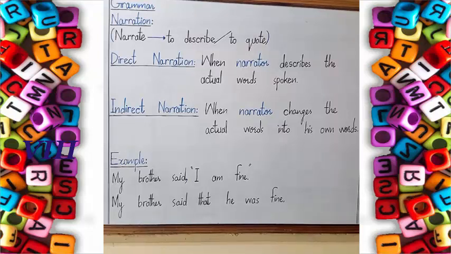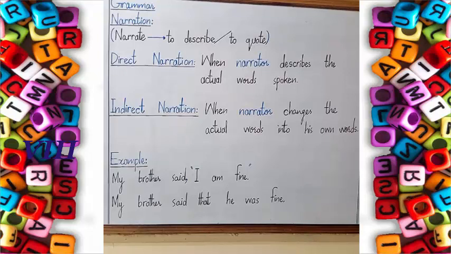Today in this video session we will learn about narration. What is narration? The word narration has come into existence from the word narrate. Narration is a noun and narrate is a verb. If you understand the word narrate, you can easily understand narration.